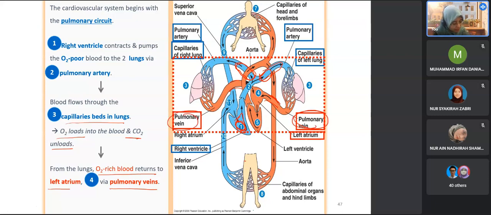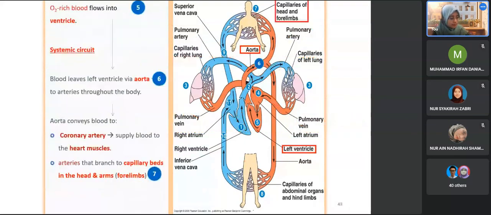Pulmonary artery pun ada dua lah, kan, sebab dia pergi kepada dua-dua left and right lungs. Okay. So pulmonary vein carries oxygen rich blood from the lung into the left atrium. Left atrium nombor 4.